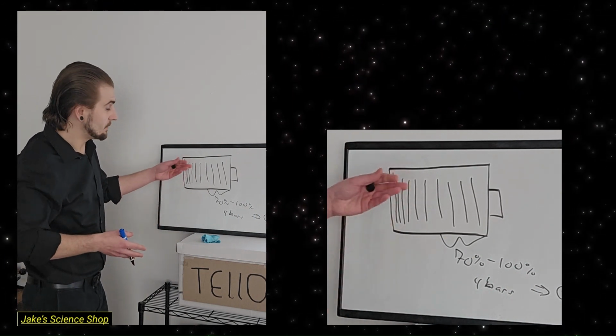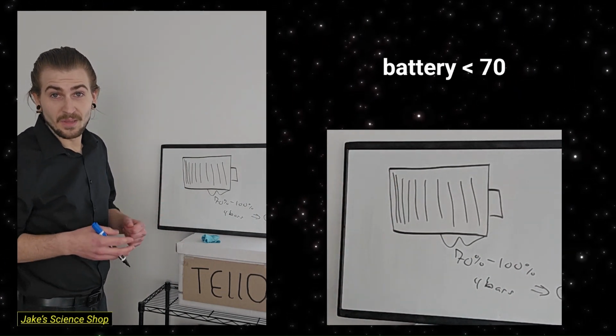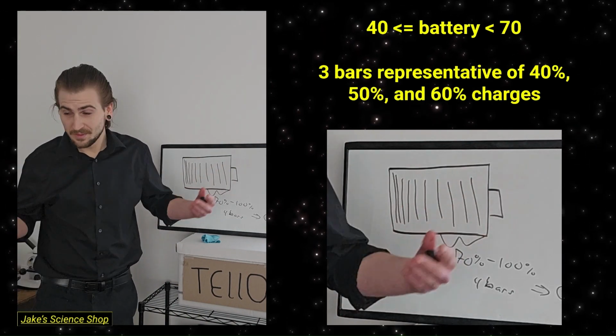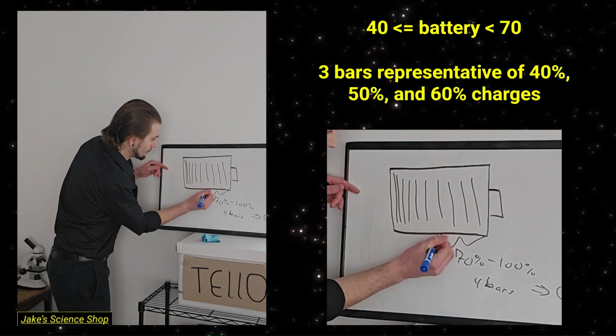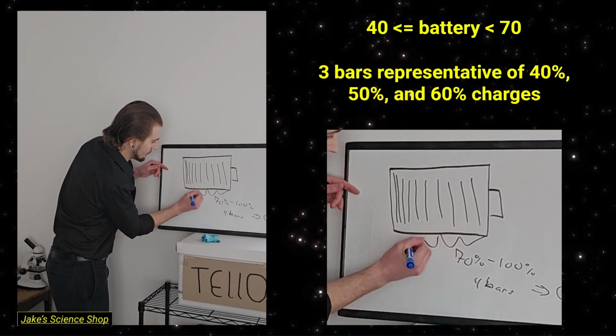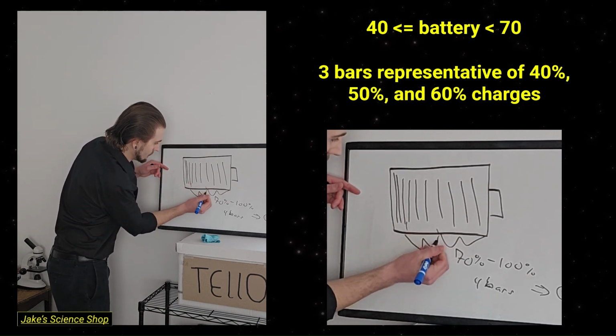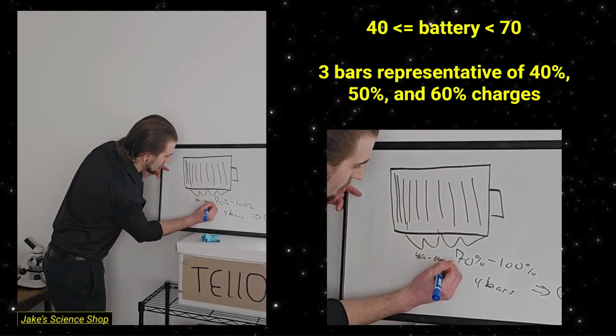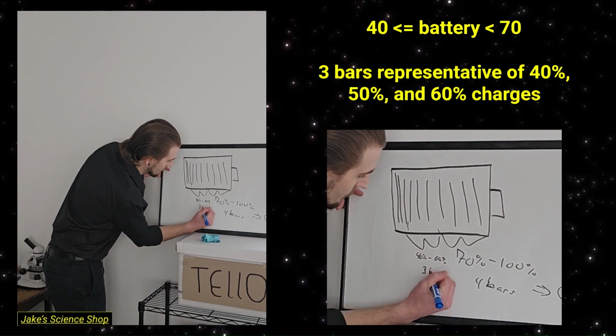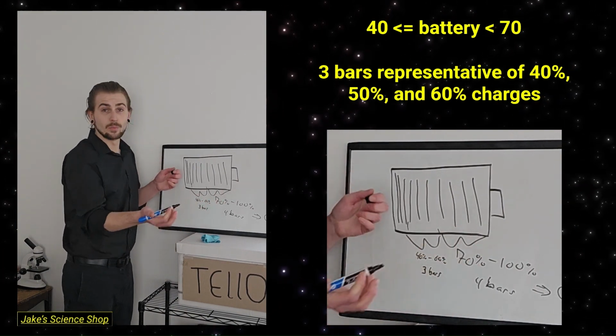So then what happens if we drop below 70%? Let's color the bars yellow, yeah? Let's designate between 40 and 60%. So that's these 3 bars. So we'll do 40%, 60%, 3 bars, and that will be yellow.